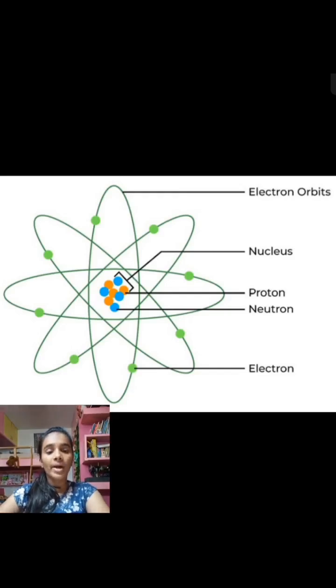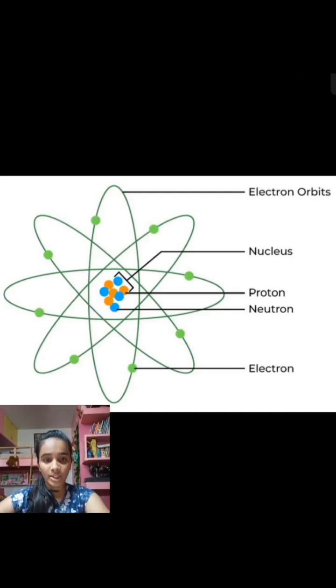Fourth, atoms combine with other atoms in simple whole number ratios, forming compound atoms or molecules. Fifth, an atom is the smallest unit of matter which takes part in the chemical reaction, and all chemical changes result from separation or combination of atoms.